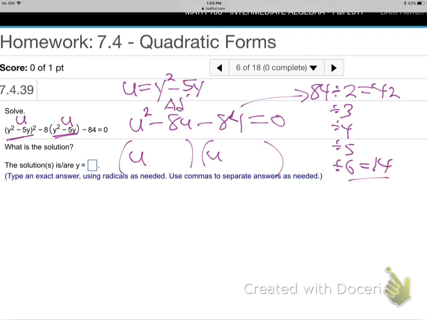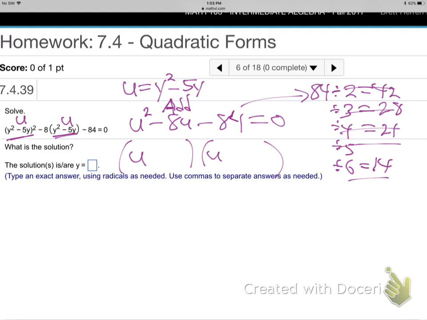They got to add or subtract to make the middle. No way you're going to add or subtract two numbers to make 8, huh? That's not going to work, not with 2 and 42. If you divide by 3, you get 28. Anyway, that doesn't work. 4 and 21 doesn't work. 5 doesn't do it at all. 6 and 14. Yeah, 6 and 14.